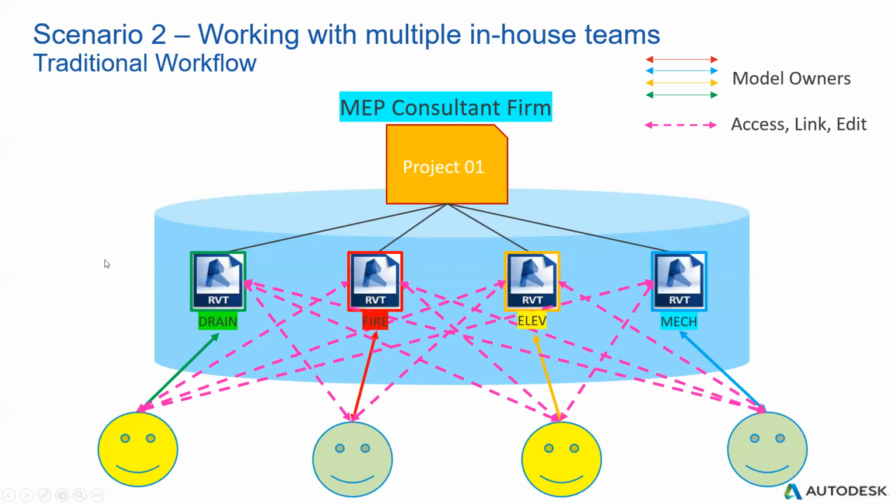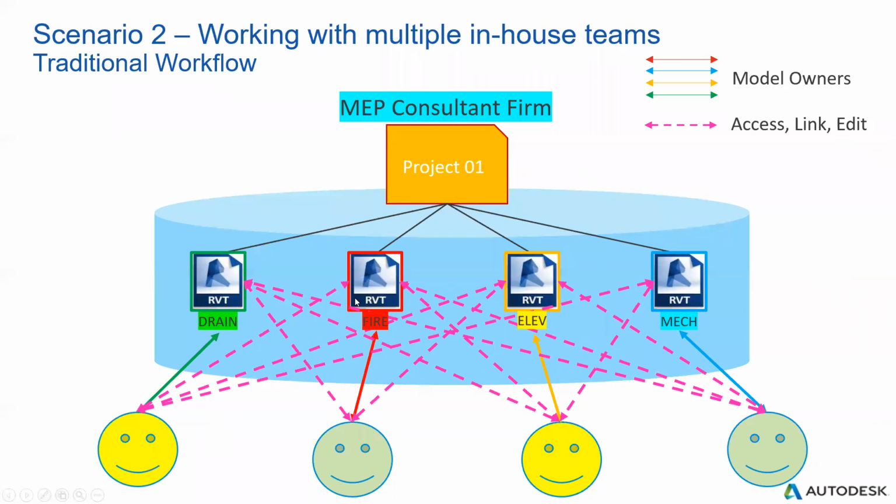Basically, you cannot track what happened inside these dotted lines, because, for example, I don't want to modify the file or disrupt the file here. So I have to copy another Revit model onto my desktop.